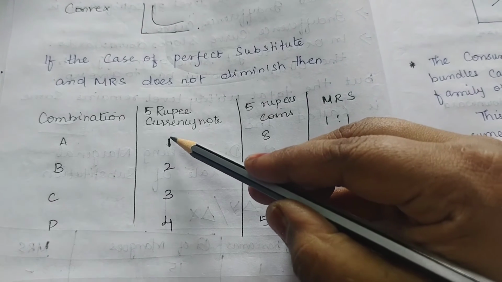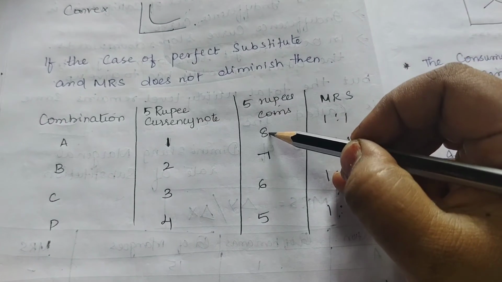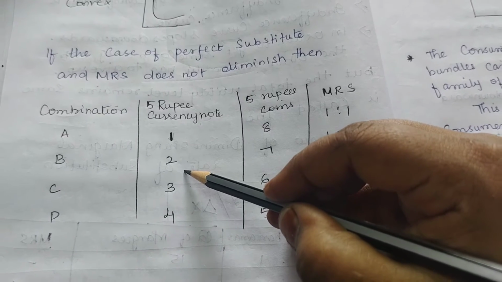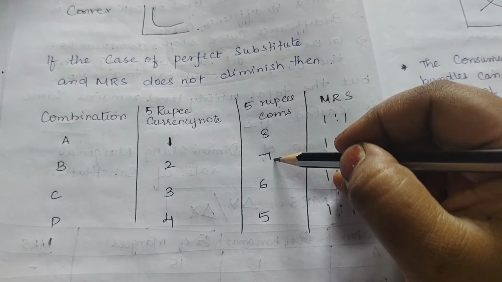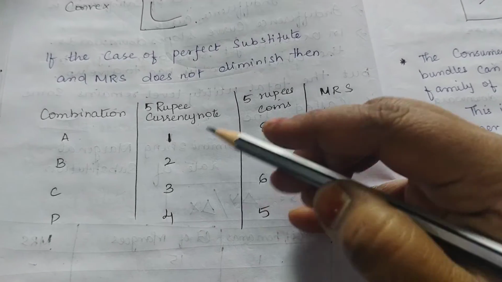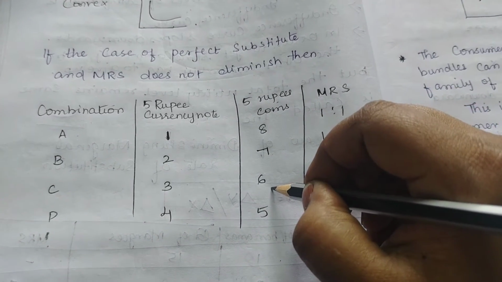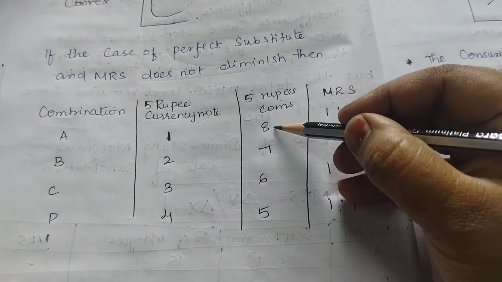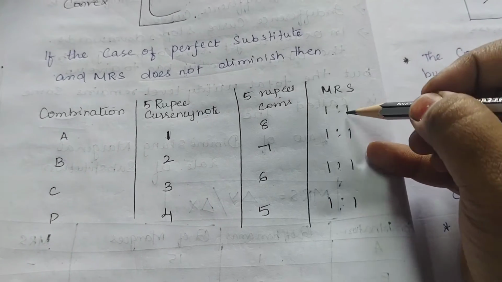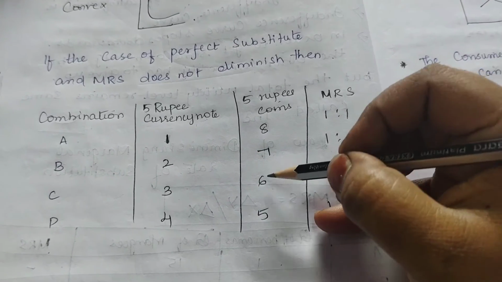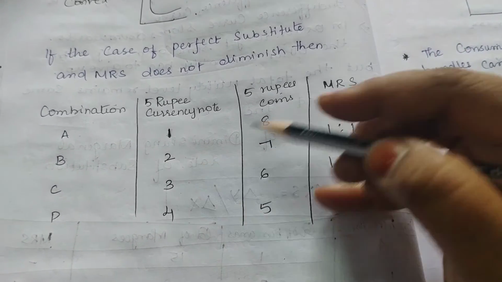If you have 1 five-rupee currency note and 8 five-rupee coins, now you exchange it for 2 five-rupee currency notes and you have 7 five-rupee coins, and you increase your currency notes to 3 and decrease your coins to 6. But here you can see the MRS: 8 minus 7 is 1, 2 minus 1 is 1, 7 minus 6 is 1, 3 minus 2 is 1, 6 minus 5 is 1, and 4 minus 3 is 1.